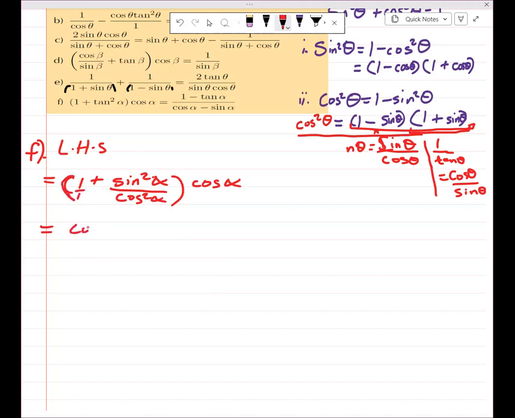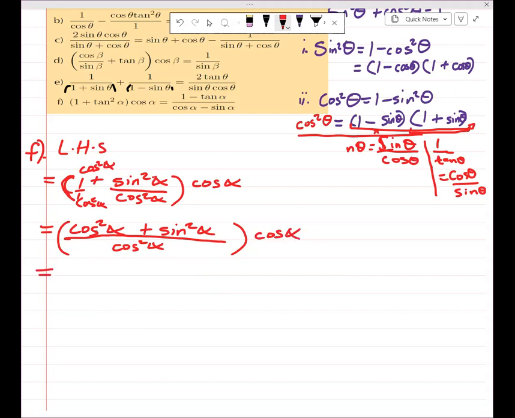I'm sure by now you can easily see that this will be cos squared alpha plus sine squared alpha all over cos squared alpha. Why? Because here you're going to multiply by cos squared alpha. But what you multiply at the bottom, you must multiply at the top. So you're going to have cos squared alpha plus sine squared alpha all over cos squared alpha, then multiplied by cos alpha.